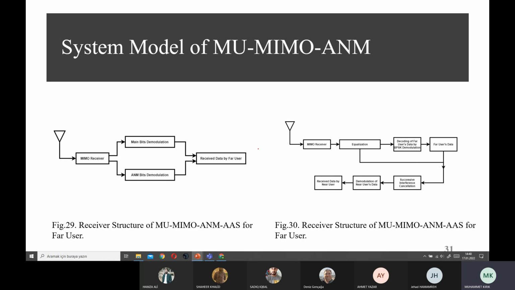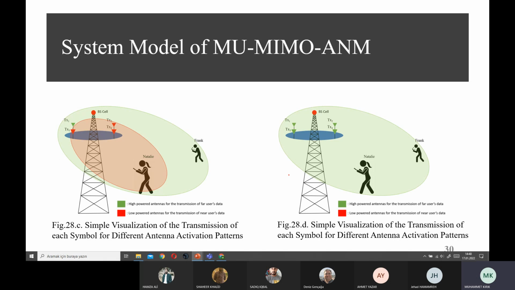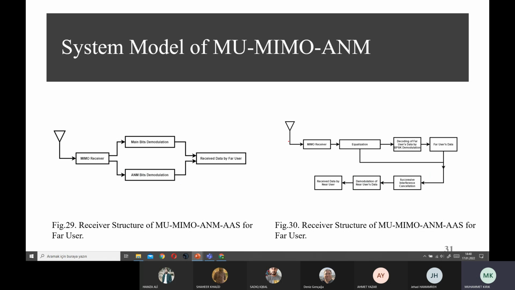But on the other hand, we have the receiver structure of the near user. As you can see here, this near user is both in the red zone, which is her own data, and in the green zone, which is the far user's data. So she is capable of receiving all of this data, and we have to extract the far user's data from the whole to reach the pure near user's data.